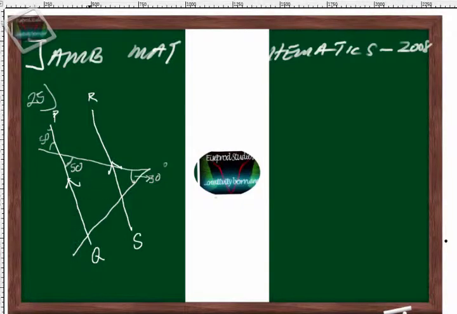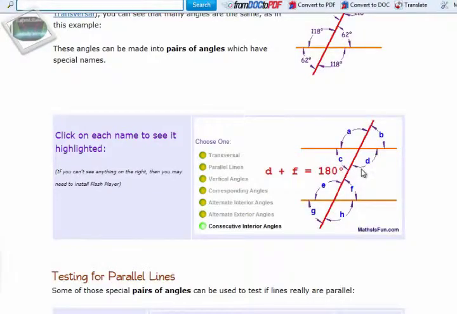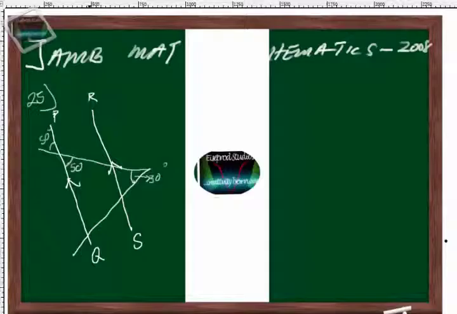Do you know why? Because they are vertical angles. So because they are vertical angles, that's what makes this angle 50.